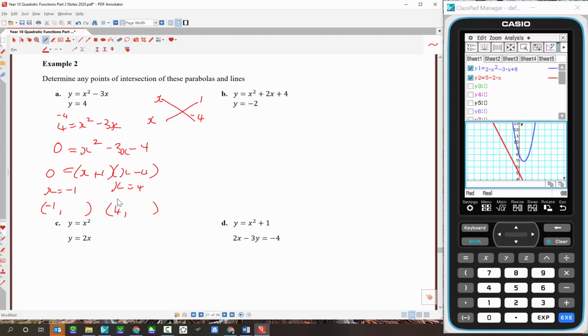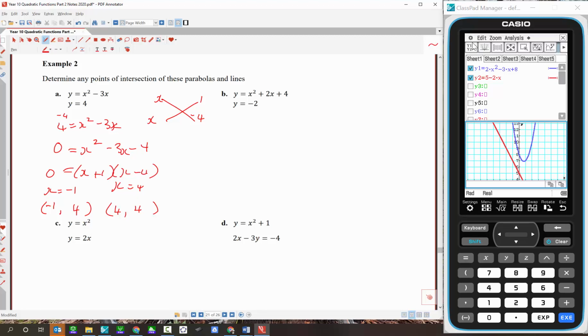Well, interestingly, girls, it's not 0. Okay, so these are not the x-intercepts. These are the points of intersection between these two lines here. So they intersect at negative 1 as an x value, and it's going to be 4 as a y value, because what we've said is, when is this parabola here equal to the value of 4? So this is also going to be 4, 4.